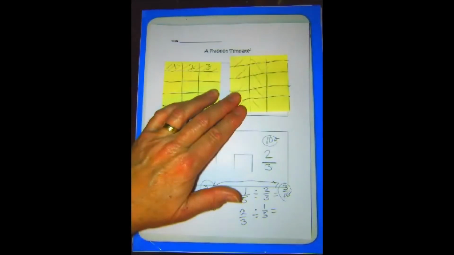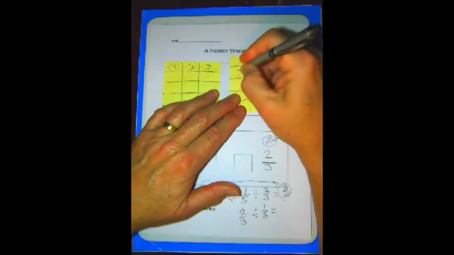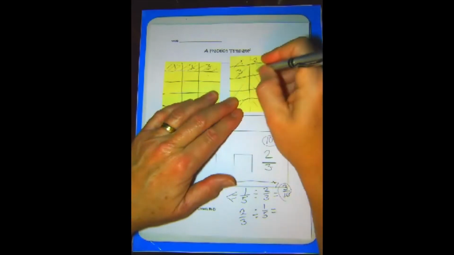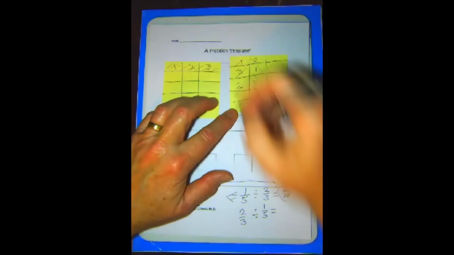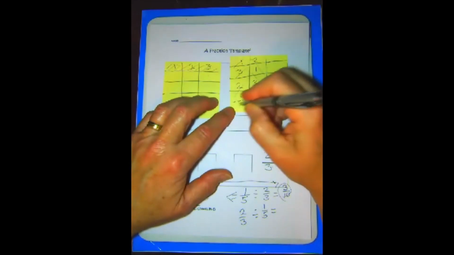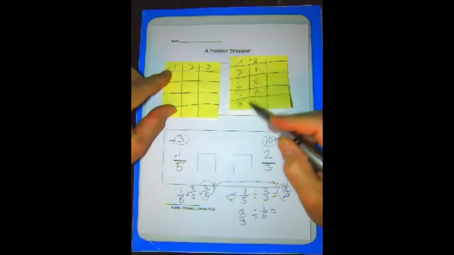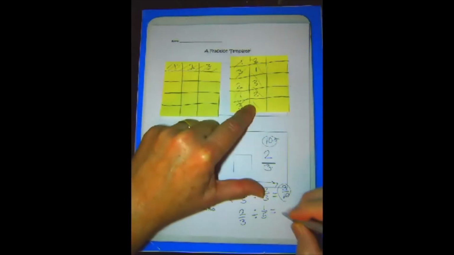So let's keep track. 1, 2, 3. So that fits 1 time, doesn't it? So there's once. 1, 2, 3. There's twice. 1, 2, 3. There's 3 times, and one of those 3 will fit again. So that fits 3 full times, and one of those 3 will fit again.